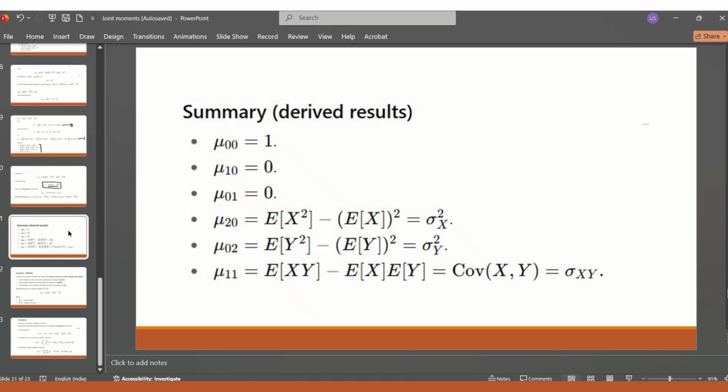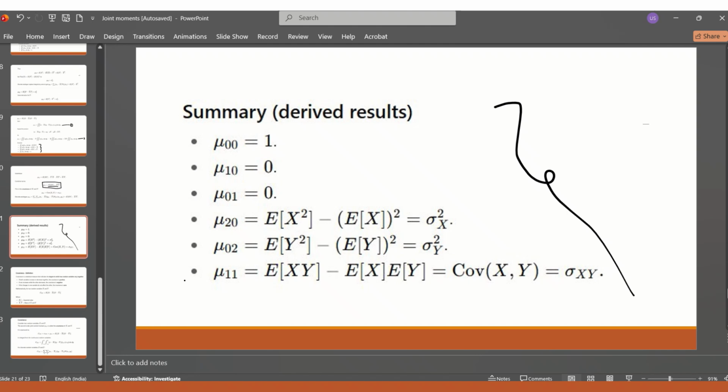This is all about the joint central moments. We see mu 0 0 is equal to 1. The zeroth central moment is equal to 1, and the first order central moments are 0. And for the second order central moments, case 1 is the variance of x, case 2 is the variance of y, and case 3 is the covariance of x and y.